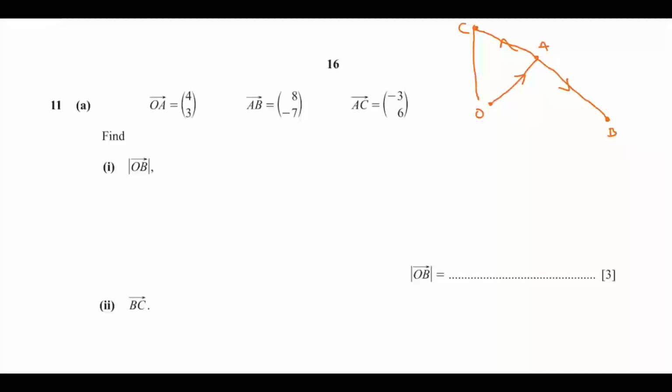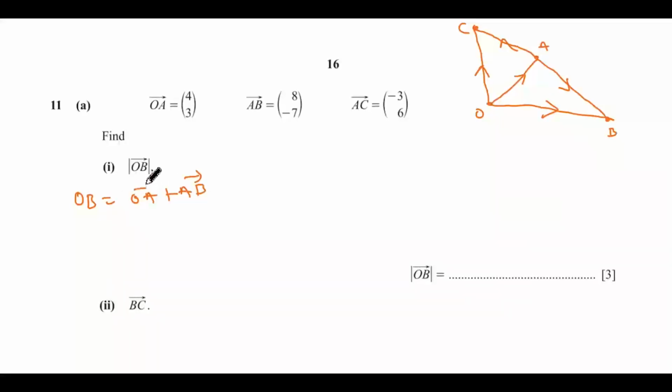So this is the rough sketch of the 3 vectors. This one comes from the origin, and this one comes from the origin. So let's find OB. You see that OB will be equal to OA plus AB.